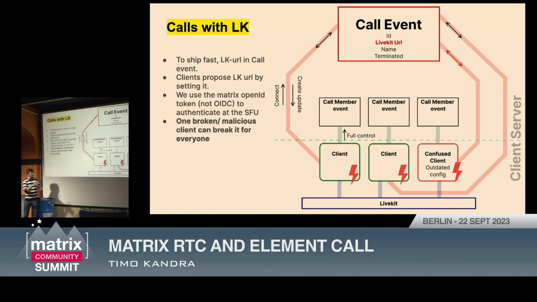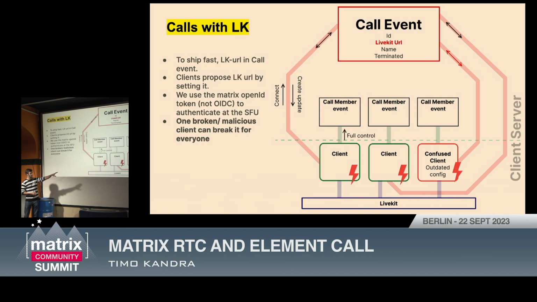So we built a system so the clients can bring their LiveKit URL, and if there's a new version of Element Call, they could bring a new version and then update the call event. But this allowed for an attack surface, or also a failure mode, whatever you want to look at it as.